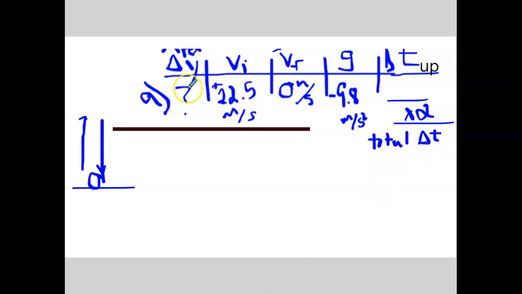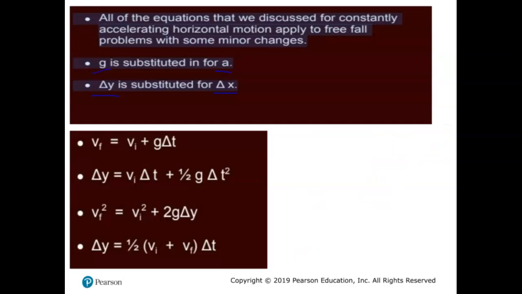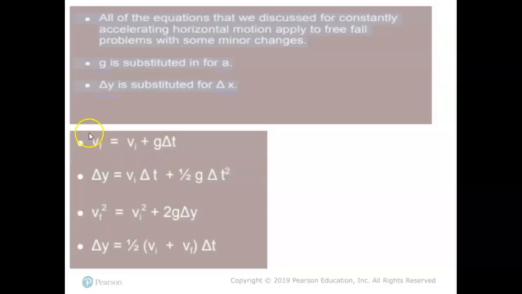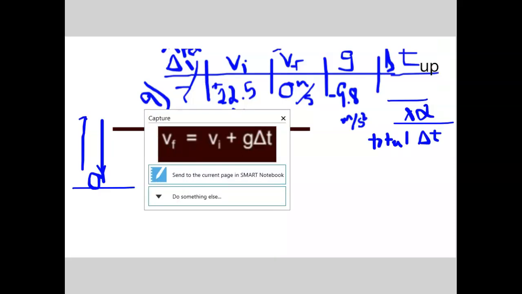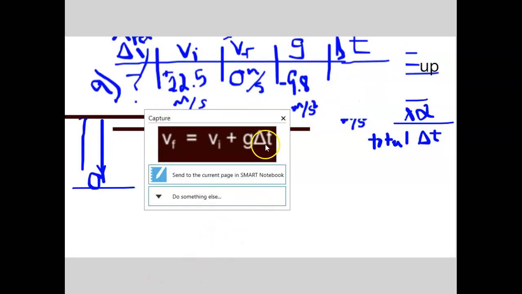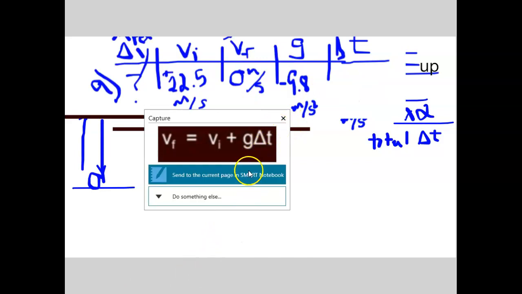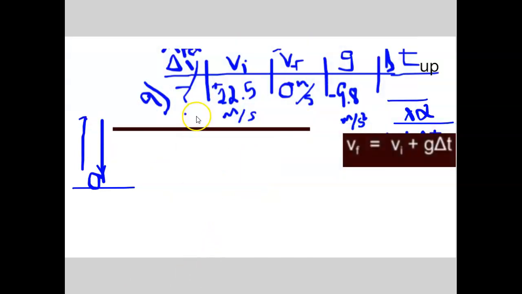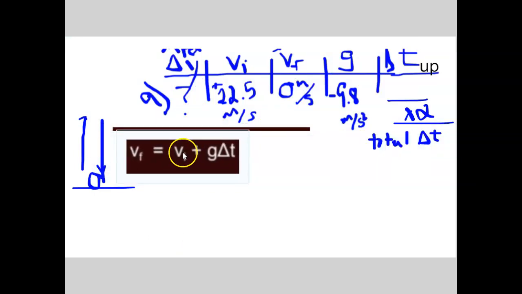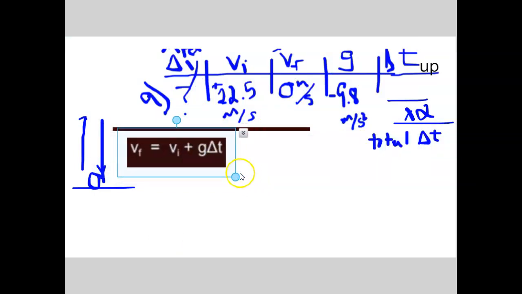You could write it as a subscript too, that's fine. So I want the equation that doesn't have delta y. Coming back over here, this is the equation that doesn't have delta y, so let me snatch that. And I'm going to pull that over here, and we're going to go ahead and plug in and solve.